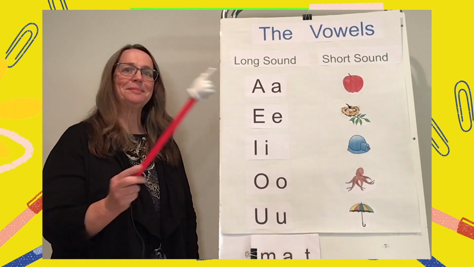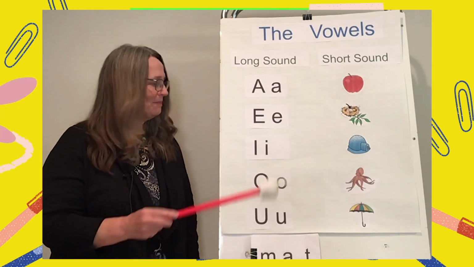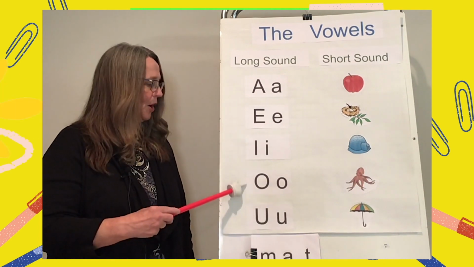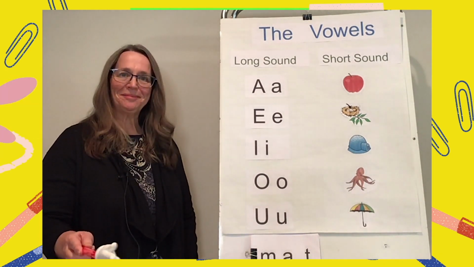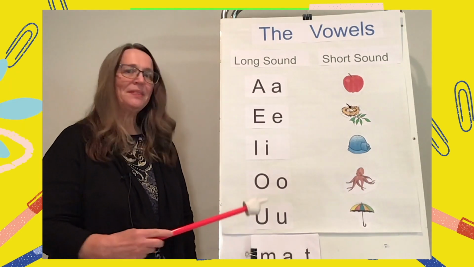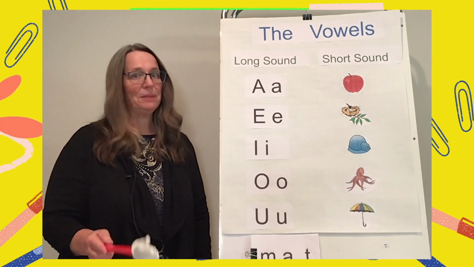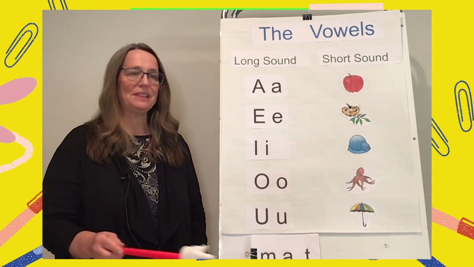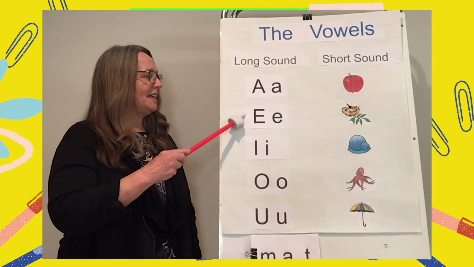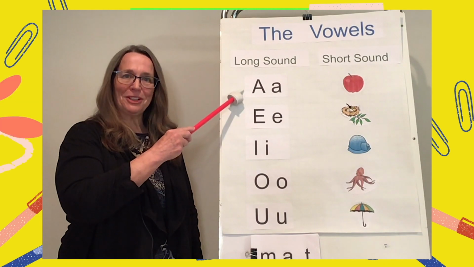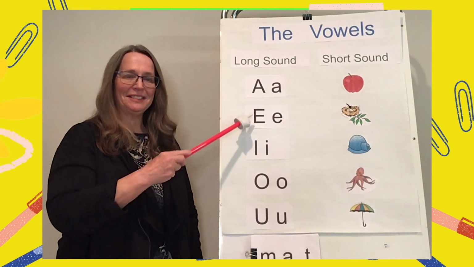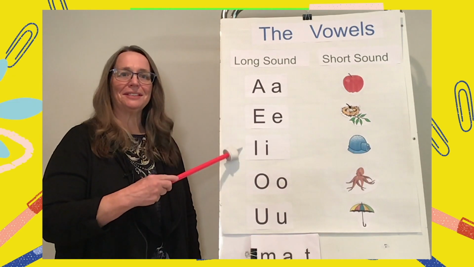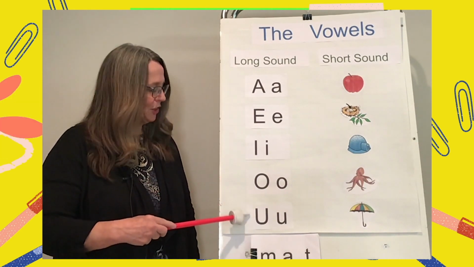E. I. O. U. And just for a little more practice, because it's so important, I'm going to practice them in little groups. A, E. Your turn. I, O, your turn. U.